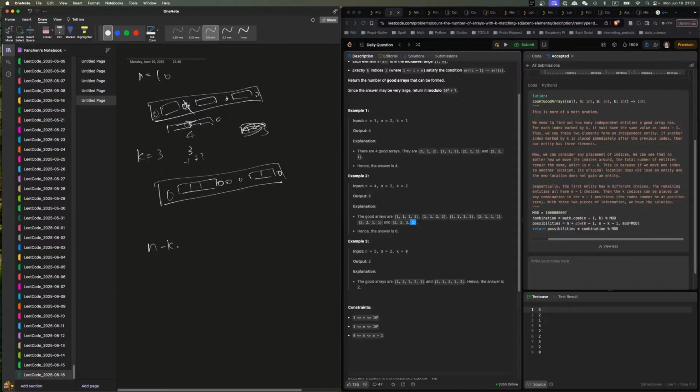So each entity can contain only one number. So what we have is n minus k number of entities, but we can choose. No, they all have to be, shouldn't they all be different?